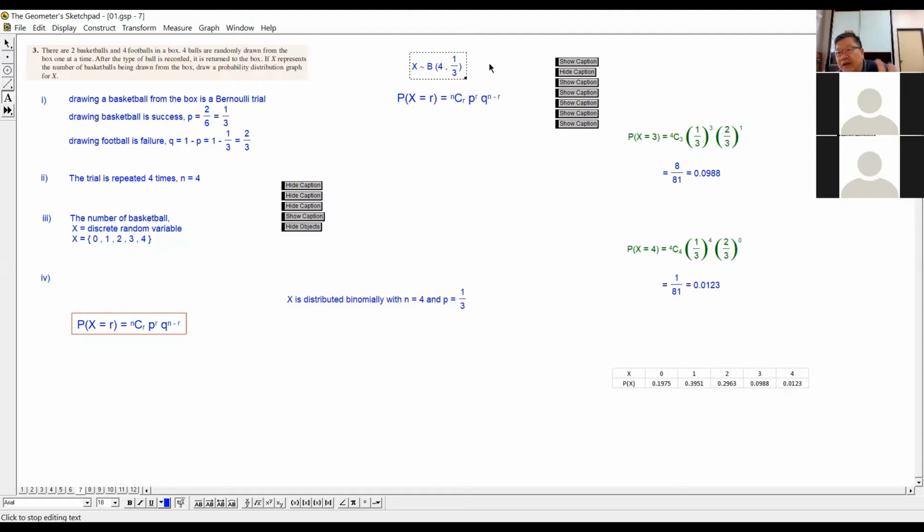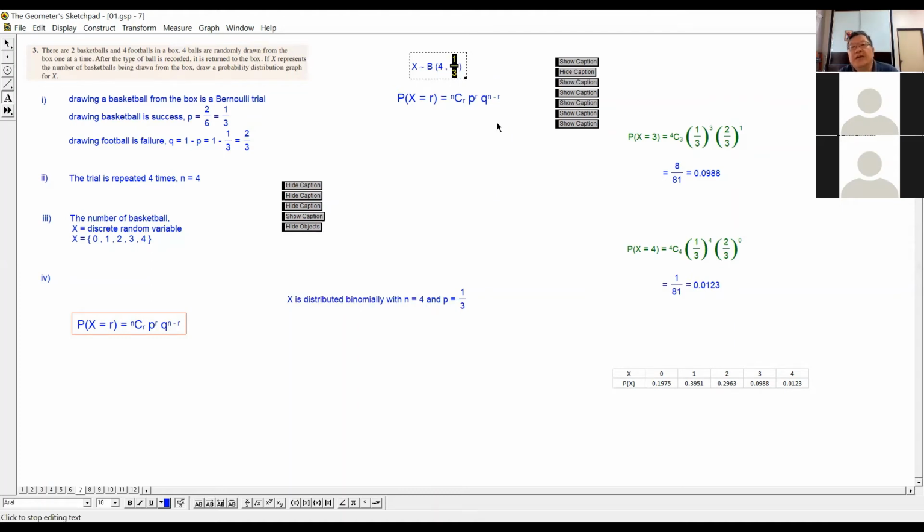X is a discrete random variable. X is the number of successes. And for this number of successes, with this curly line there, they say X is distributed binomially with n equals to 4 and p equals to 1/3. This 4 here is n and the 1/3 here is p.